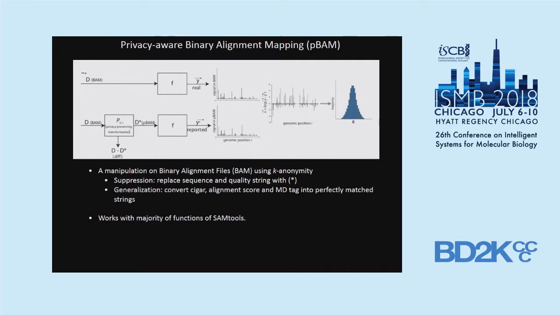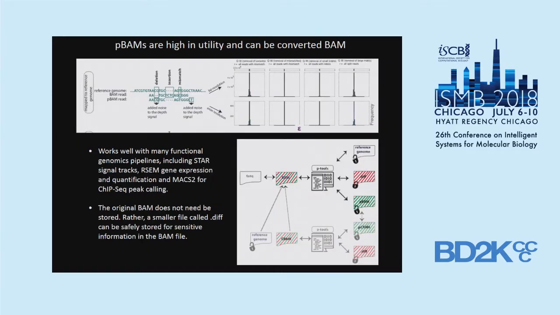To show the utility of these files, we calculated the gene expression levels by removing certain variants from the data. We removed mismatches, we removed indels, we removed structural variants, we removed everything. And for each case, we calculated the results from the PBAM versus BAM file and calculated the epsilon.